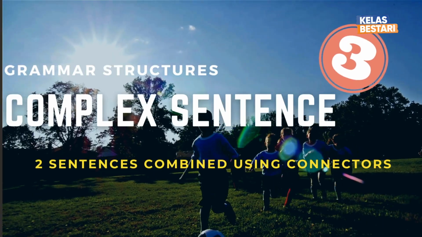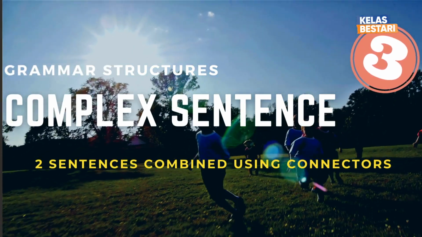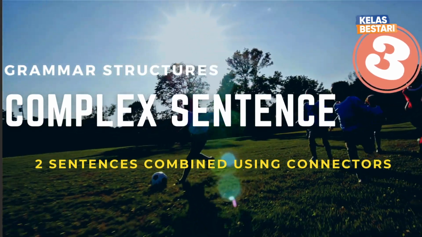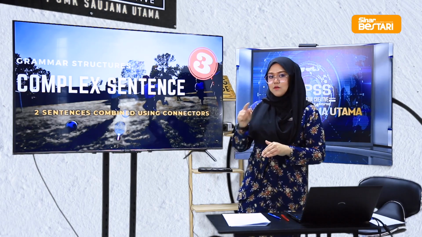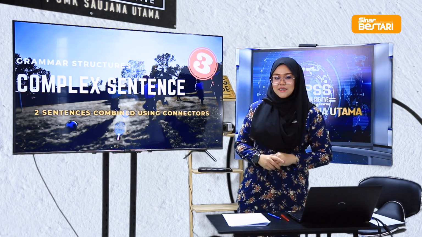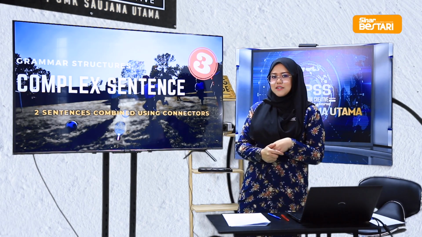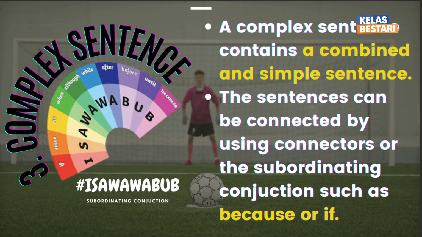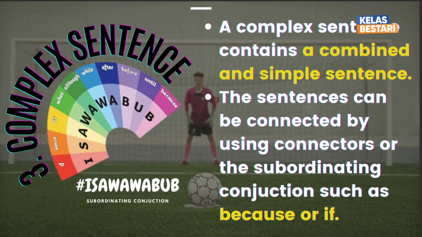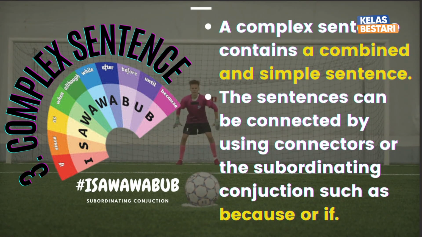Next, we have complex sentence. Complex sentence, also two sentences combined using connectors. Just now was conjunctions, now connectors. What are connectors, you say? Connectors are actually the words that we use in our daily life.